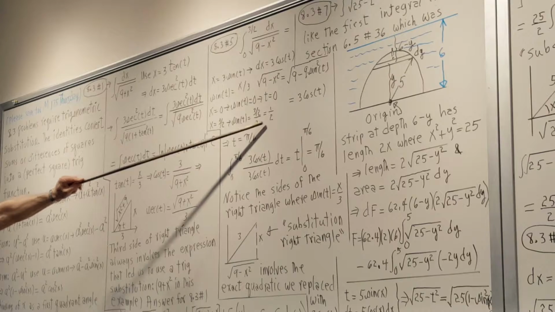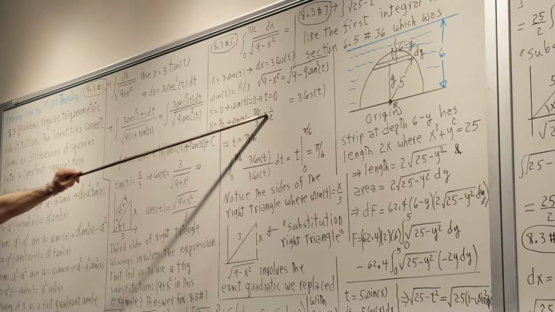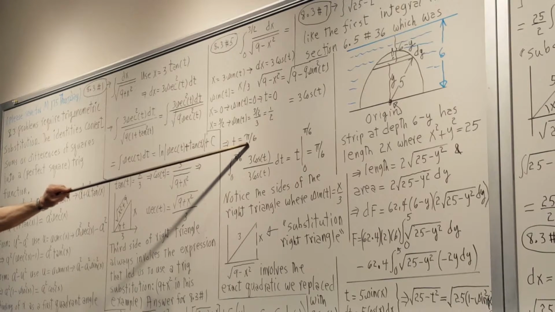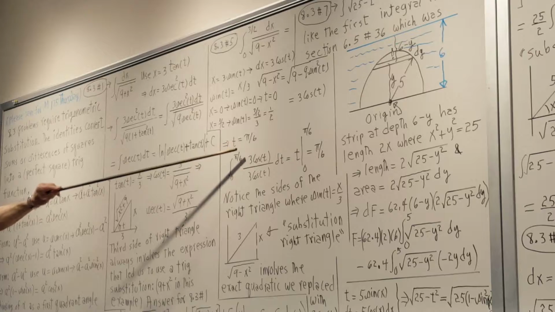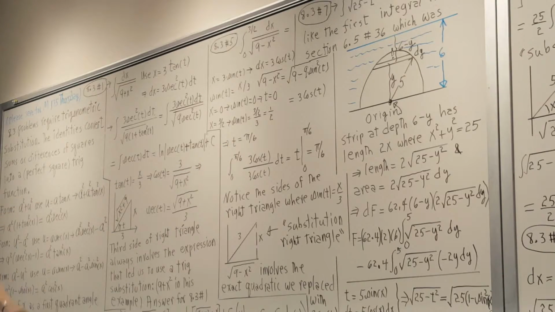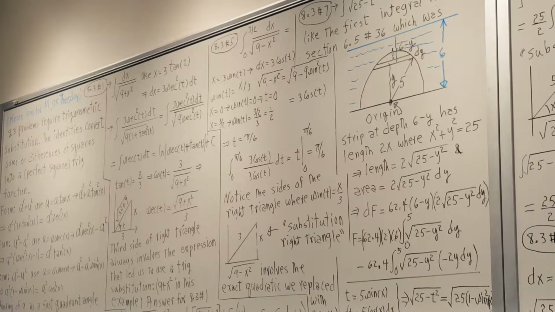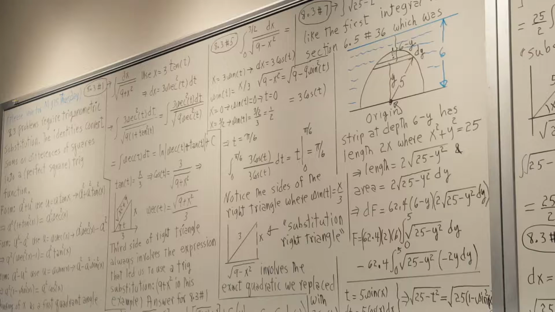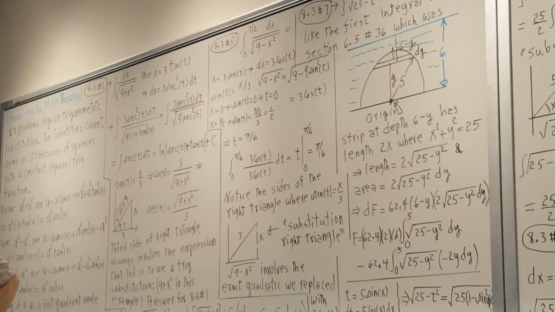Okay, so if sine t is a half, t is arc sine of 1/2, which is your 30 degrees. But you don't say degrees. In calculus, it's always radians. Why is it always radians in calculus? Answer: because the derivative of the sine is not the cosine unless you're in radians.